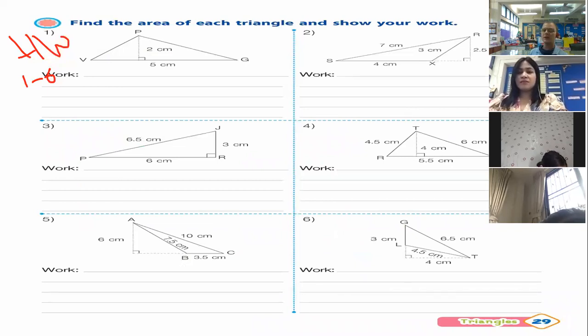If you have completed, please write your nickname and your number on each page and send it to the line group so that we can mark it and give you a score. If you have any questions and you don't understand any of the questions, you can always contact me on the line group and ask me a question if you have any doubts or any uncertainties. Okay, are you guys ready to do all the homework? Yes, I hope so.